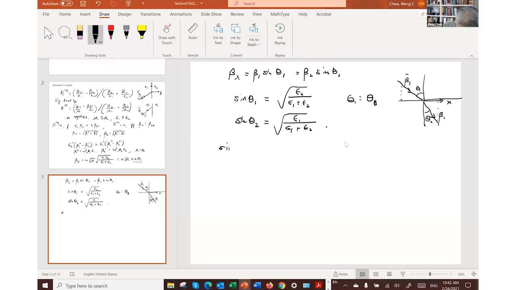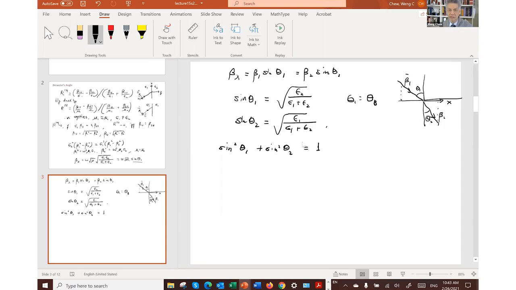You can easily do this in your head. You take sine theta 1 squared, and then you take sine theta 2 squared. If I square this side and add it to this side, I see that epsilon 1 and epsilon 2 are the same for the numerator and denominator, so the right-hand side will add up to 1. Can you see that?